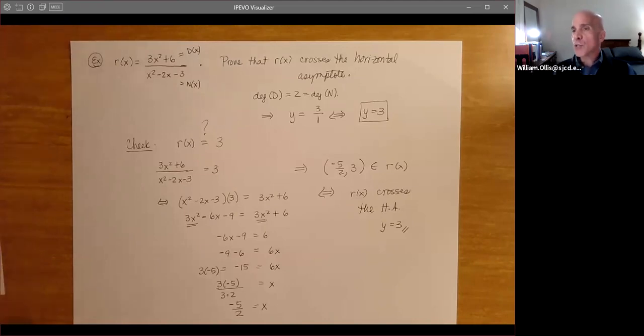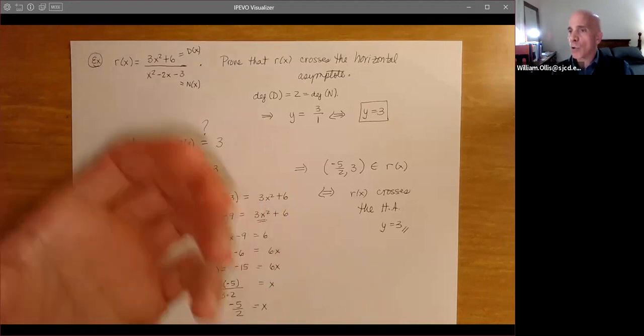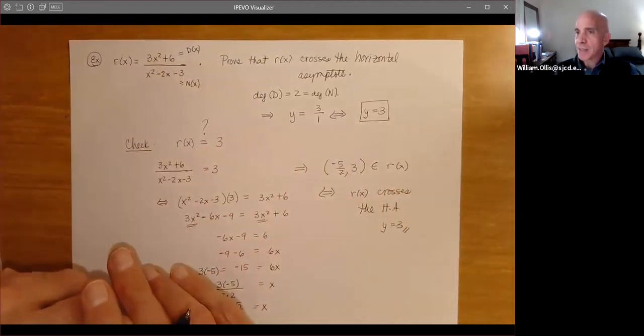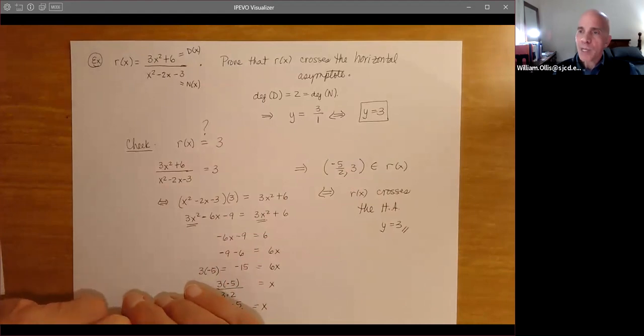With the rational functions, we add a couple more objects, namely the vertical, horizontal, or possibly slant asymptotes, and toss that in the mix. So we can see how understanding polynomials really gives us a leg up on the rational functions.